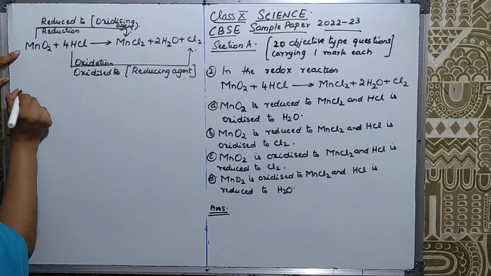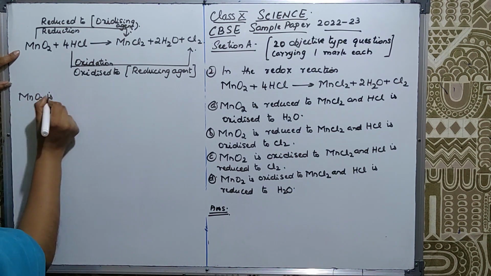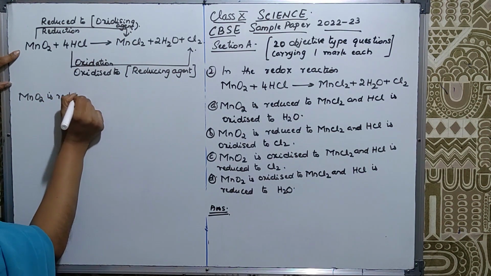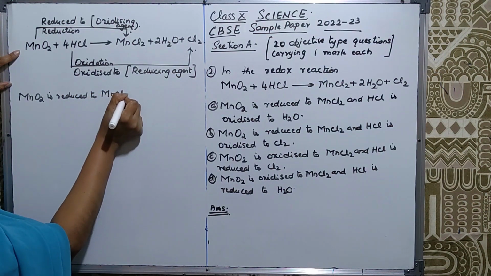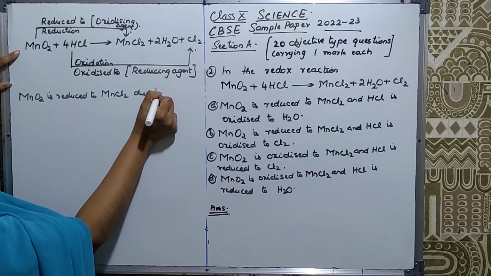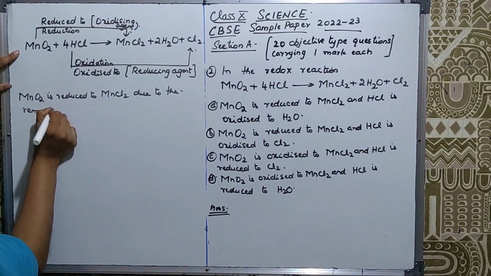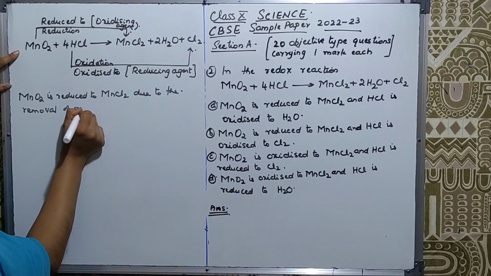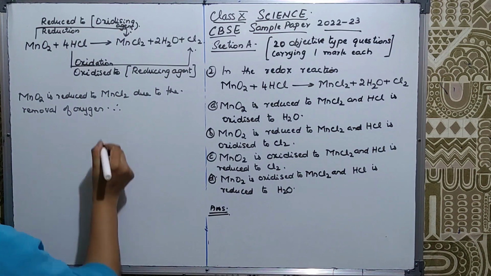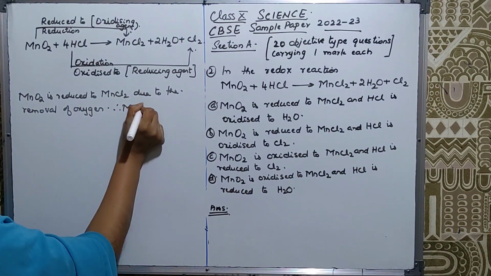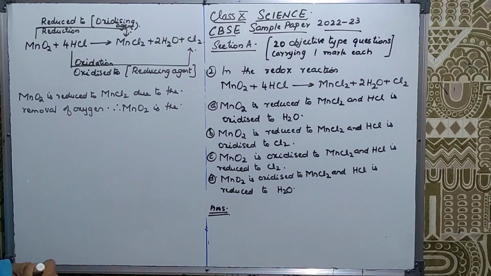So manganese dioxide, MnO2, is reduced to MnCl2 due to the removal of oxygen. Therefore, MnO2 is the oxidizing agent.